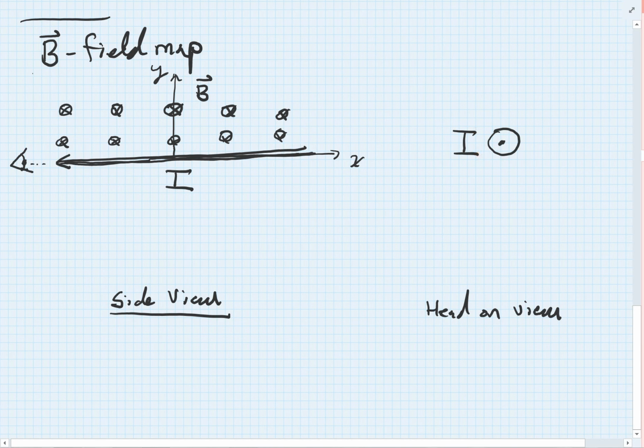And if you think through the geometry carefully, when you're looking like so, and if the vectors are going into the page, right, you will realize that these vectors are pointing towards your left. So anywhere above this wire, up here, I have magnetic field vectors that are pointing to the left.